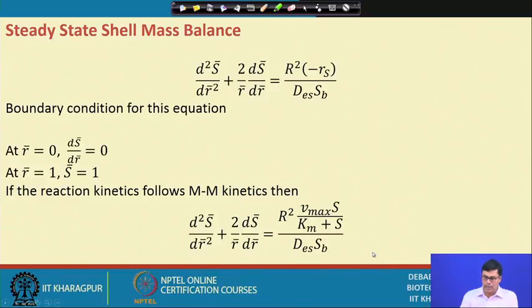So, finally, we come across this equation. Again if we put the boundary conditions, at r bar equal to 0, dS bar by dr bar equal to 0, and at r bar equal to 1, S bar equal to 1, then this particular equation will come across.